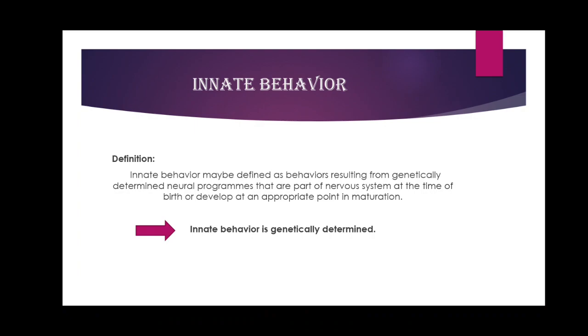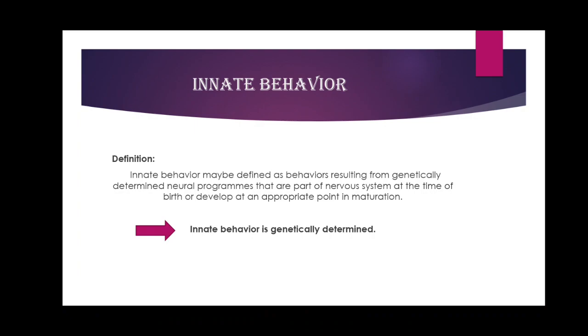It can also be defined as behaviors which result from genetically determined neural programs that are a part of the nervous system at the time of birth or develop at an appropriate point in maturation.